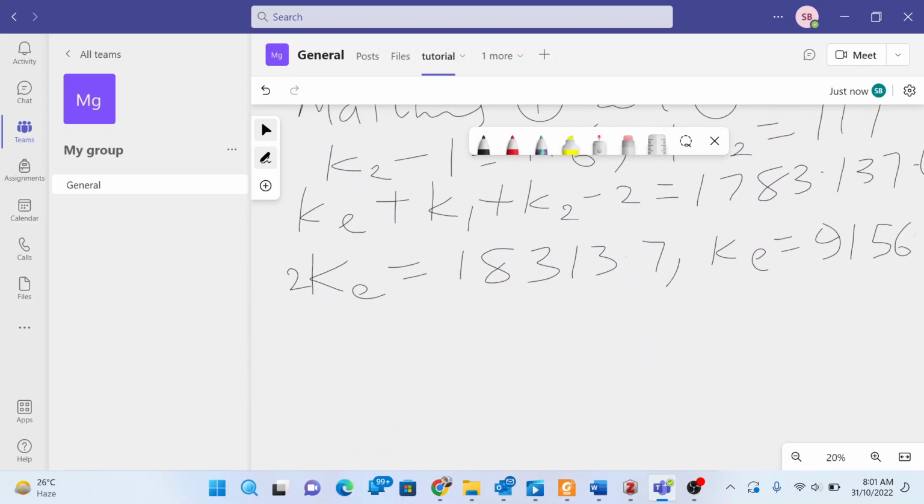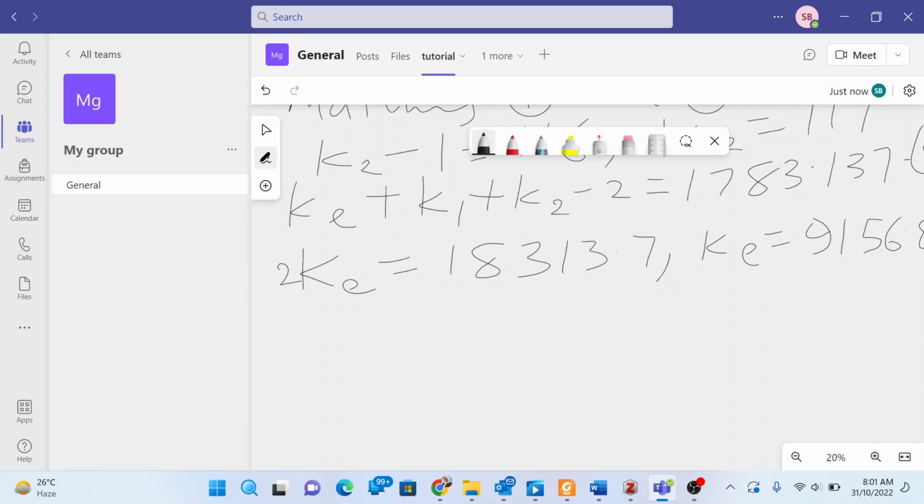So k1 from here is going to be equal to 1783.137 plus 2 minus k2 minus ke.